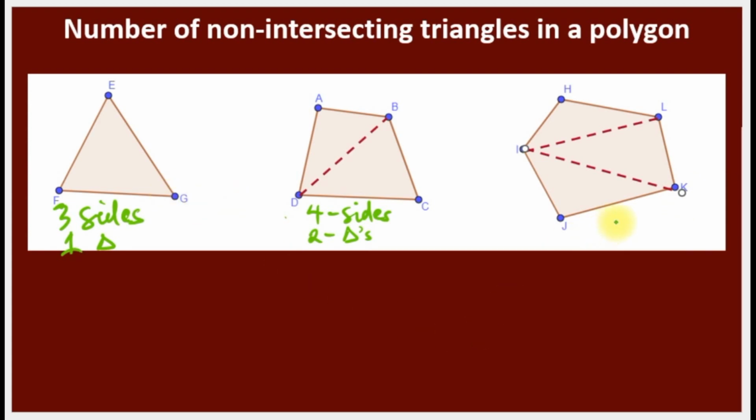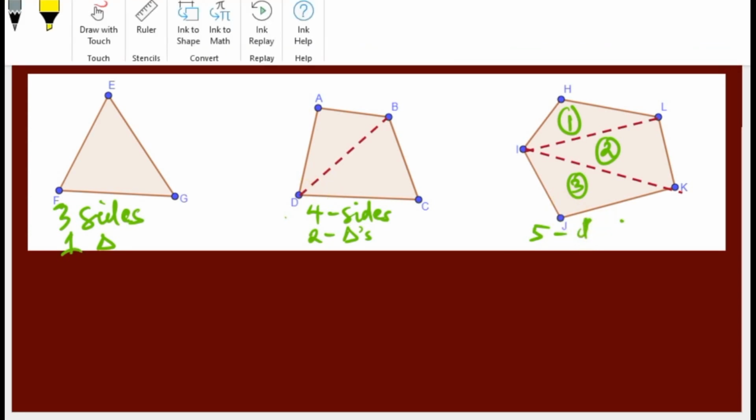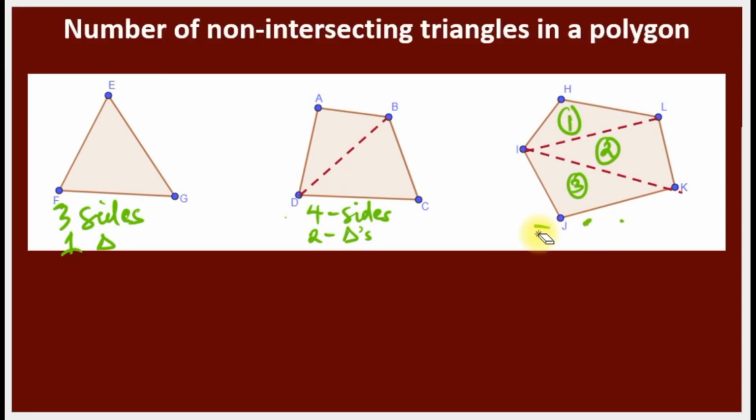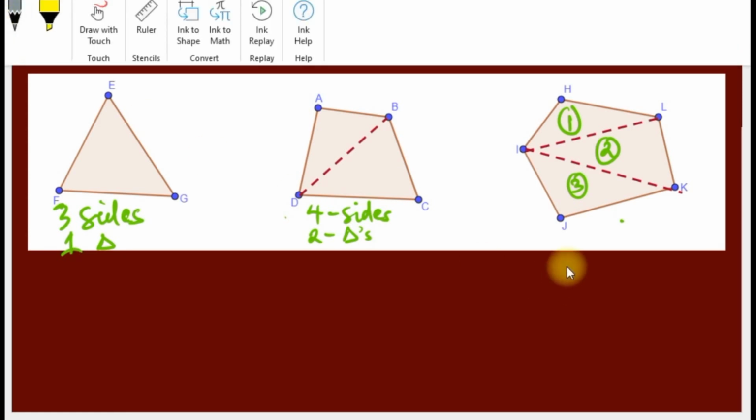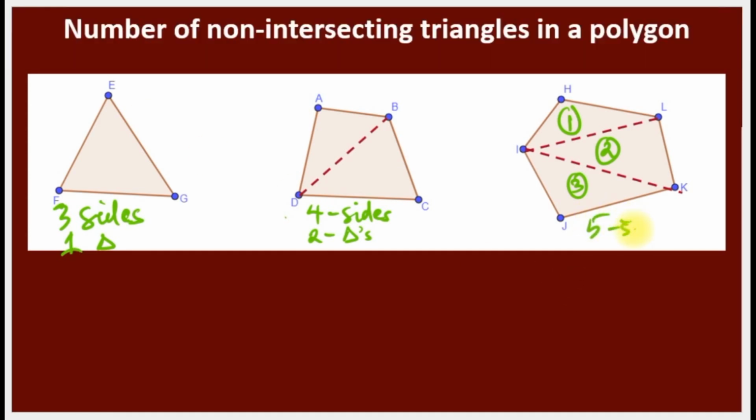So that's it. How many triangles do we have? 3: 1, 2, and 3. So since we have 5 sides, how many triangles? 3 triangles.